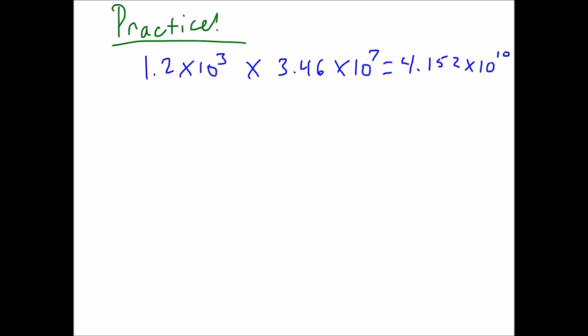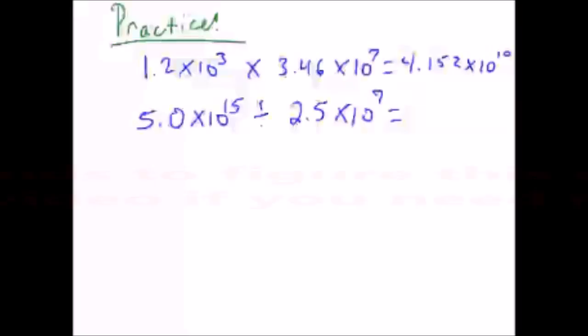Try this next one. What if we have 5.0 times 10 to the 15th divided by 2.5 times 10 to the 7th? Okay, try that one. I'll put the answer on the screen in just a second.